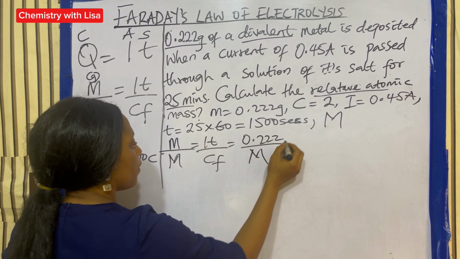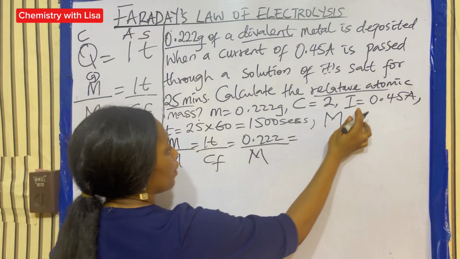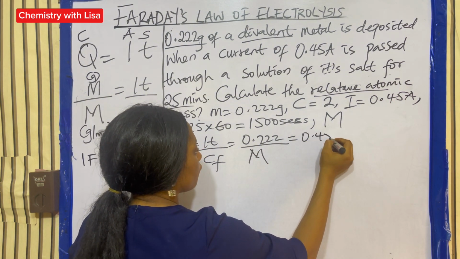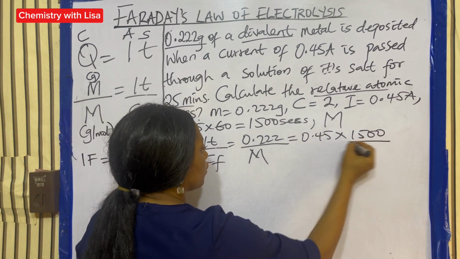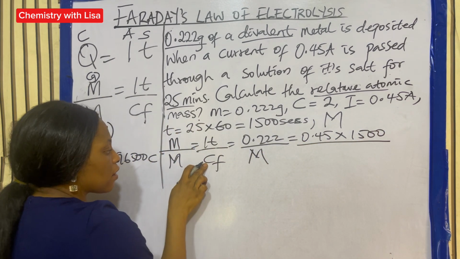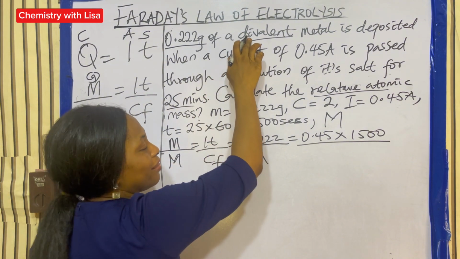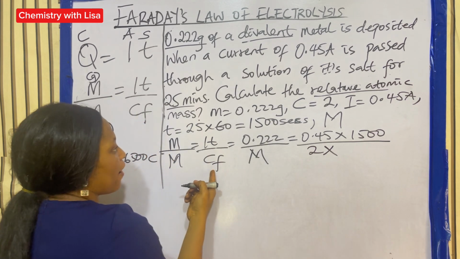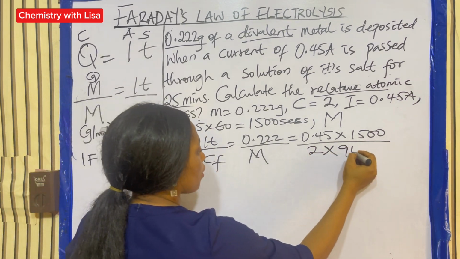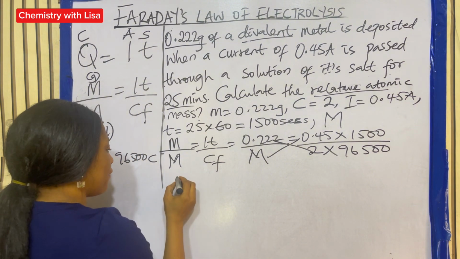And I is 0.45, T is 1,500, over C. C is the charge, which they told you is divalent, meaning 2. And then Faraday is 96,500.